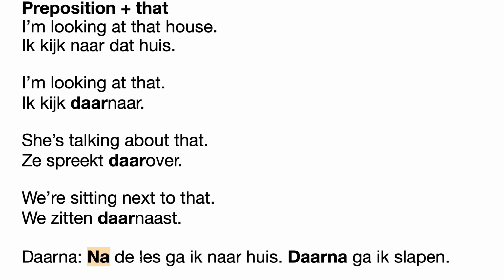And this na de les, na is a preposition, but here daarna means after that, after going home, after that. So the fact that you're going home, it is daarna, because there's na, after I'm going home, we're going to replace it by that, after that I've gone home, you simply add the daar to the na, and it turns into daarna.